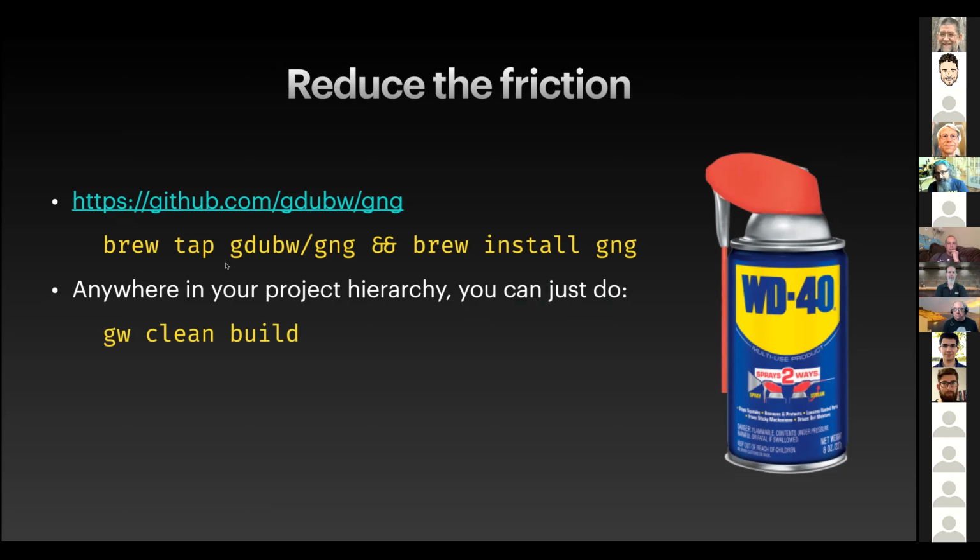I'm sure there's some way to install it on Windows as well. And anywhere in your project hierarchy now, you can just run gw clean build, and it will find the correct Gradle wrapper and it'll just run it for you. So that's kind of a nice thing to have at your fingertips. And you can kind of simulate some of this stuff through aliases and so on, but I find this guy a little bit more helpful than even using aliases.